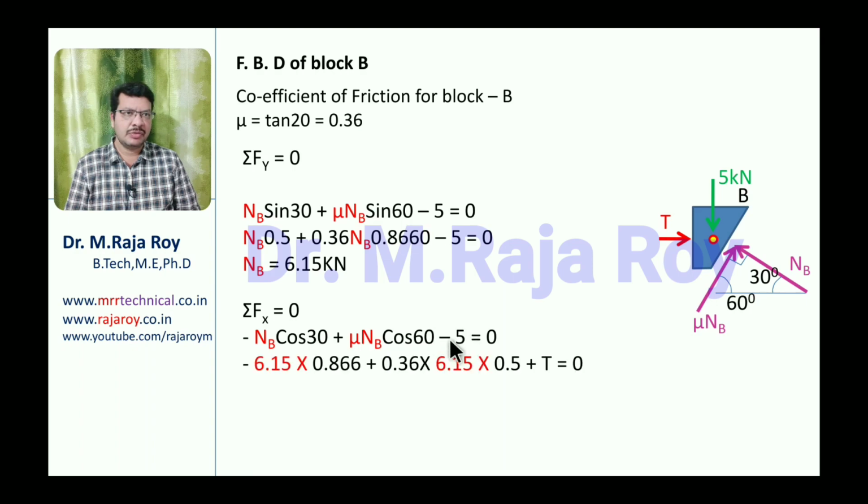Here the NB value is known. The only unknown is T. So here you have to write minus 5 plus T. Now the T value you are getting is 4.22 kilonewton.